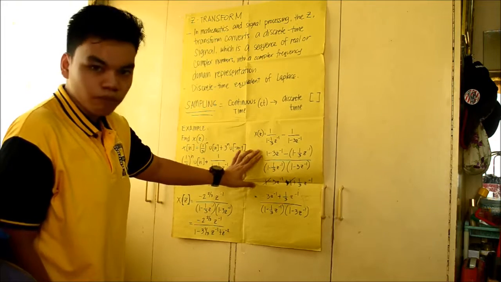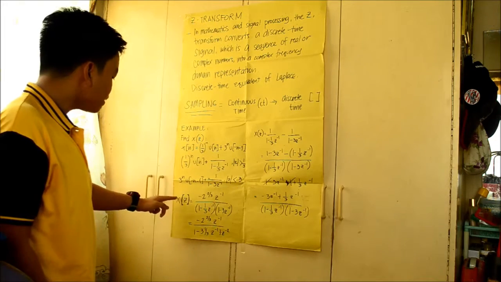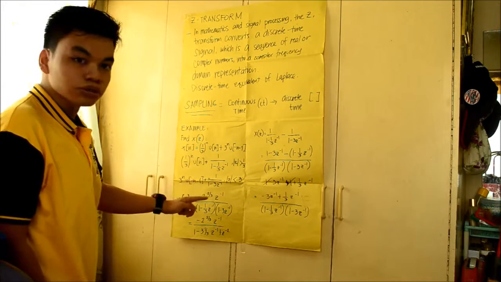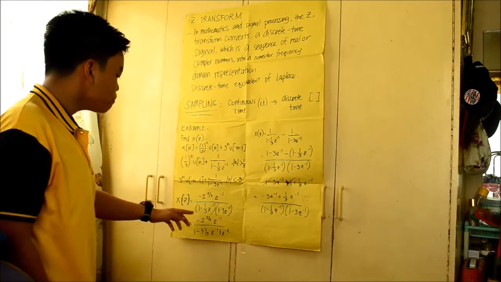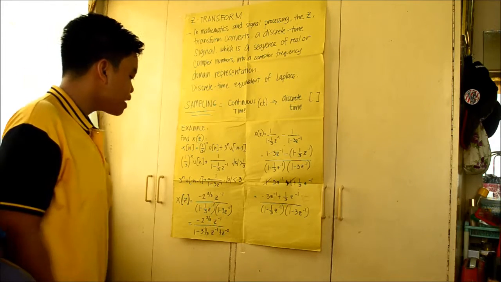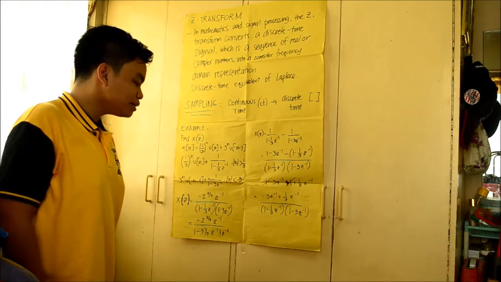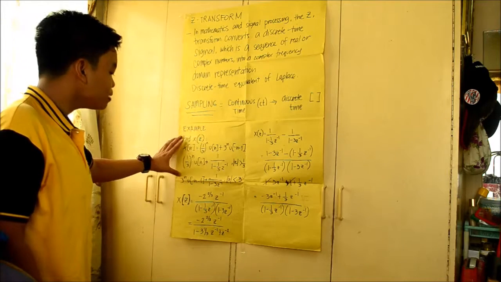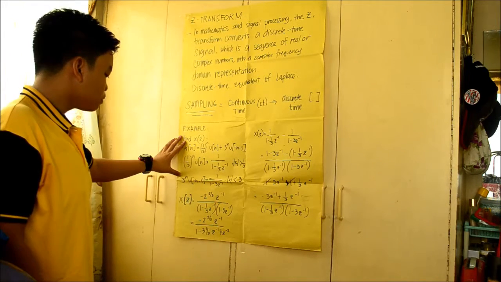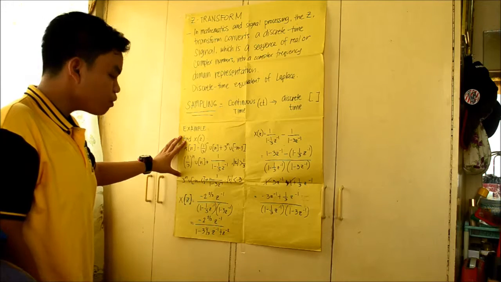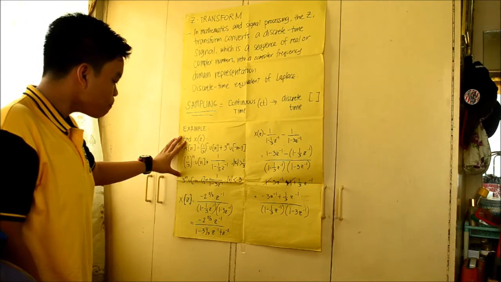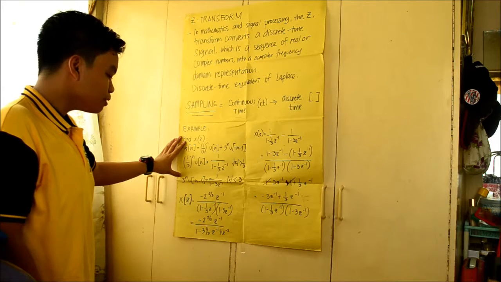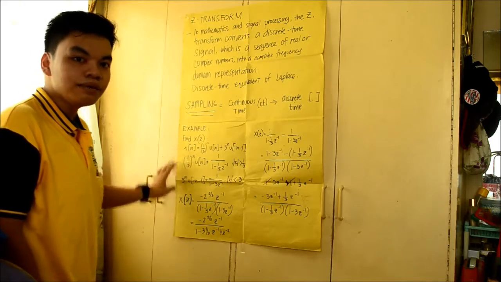Then it will become X of z equals negative 2 raised to 2 thirds z to the negative 1 over 1 minus 1/3 z to the negative 1 times 1 minus 3z to the negative 1. Then the final answer for this equation is negative 2 cubed, or 2 over 3 z to the negative 1 over 1 minus 3 times 1/3 z to the negative 1 plus z to the negative 2.